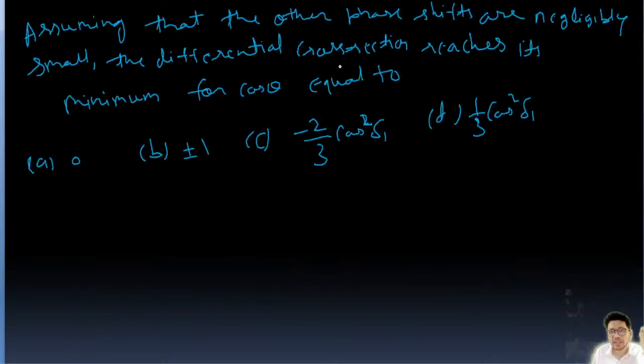Assuming that the other phase shifts are negligibly small, the differential cross section reaches its minimum for cos theta equal to, okay. So that's what you need to find out. Minimum means you will find the differentiation of that differential scattering cross section and make that equal to 0, and you will find the value of cos theta for the minimum value, right?